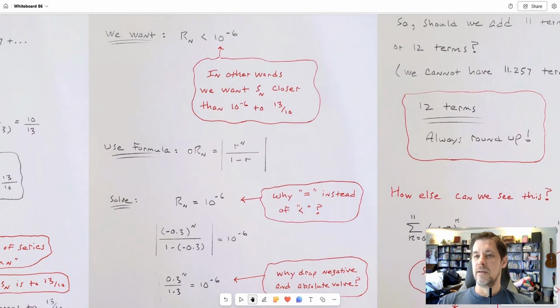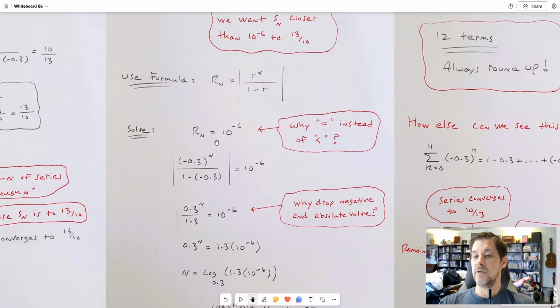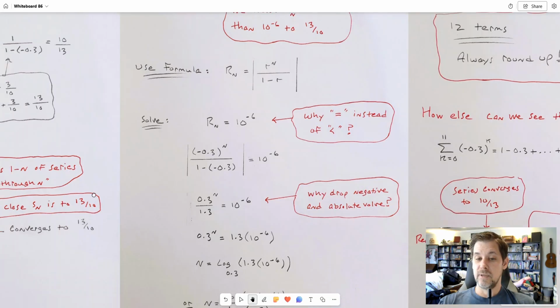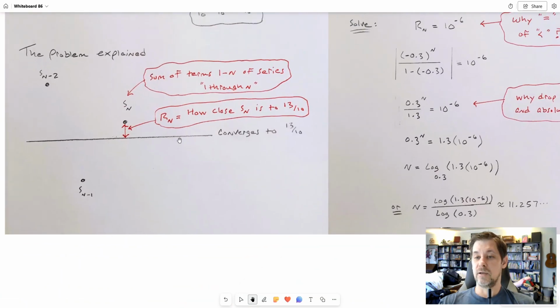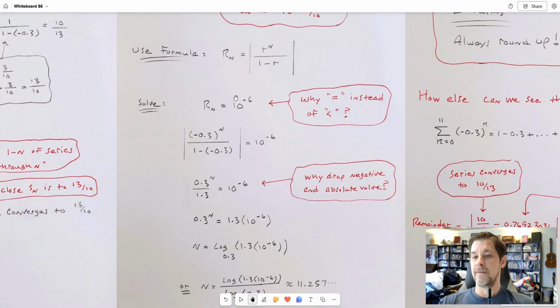Now, I want to see what it takes to get our remainder to be 10 to the minus 6 power or smaller. So I'll just set it equal to 10 to the minus 6 power. And I assume because these points get closer to that line as you go forward, that going beyond that will get me less.